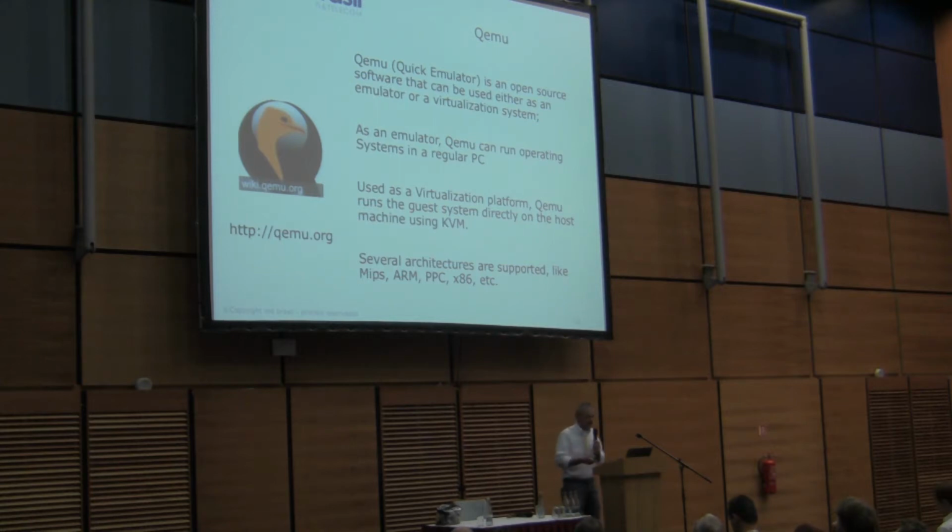Quick Emulator is open source software that can be used as an emulator or as a virtualization system. As an emulator, it can run directly on the PC, and as a virtualization system, it runs in the guest system directly using KVM. Several hardware architectures can be supported, like MIPS, ARM, PowerPC, and x86.